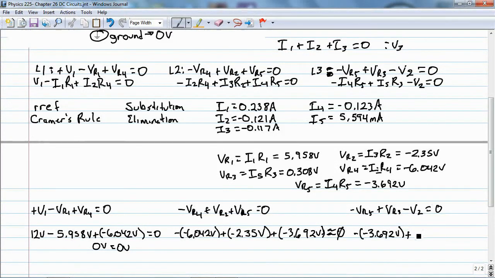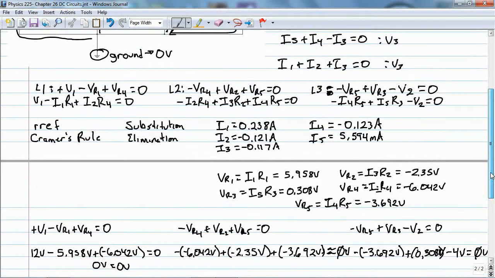VR3 is 0.308, minus 4 volts, and that is going to equal 0 volts. So those are correct.